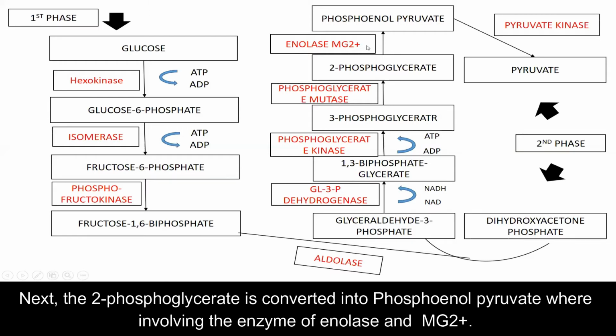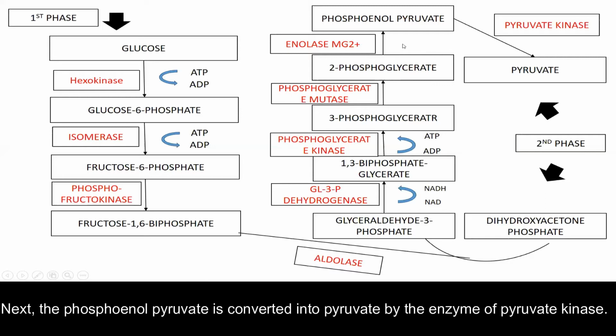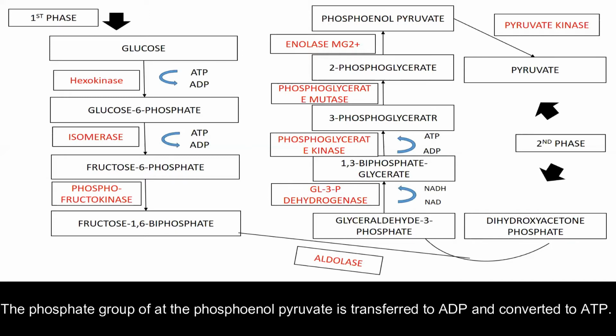Next, the 2-phosphoglycerate is converted into phosphoenol pyruvate, involving the enzyme enolase and magnesium ion. Next, the phosphoenol pyruvate is converted into pyruvate by the enzyme pyruvate kinase. The phosphate group of the phosphoenol pyruvate is transferred to ADP and converted to ATP.